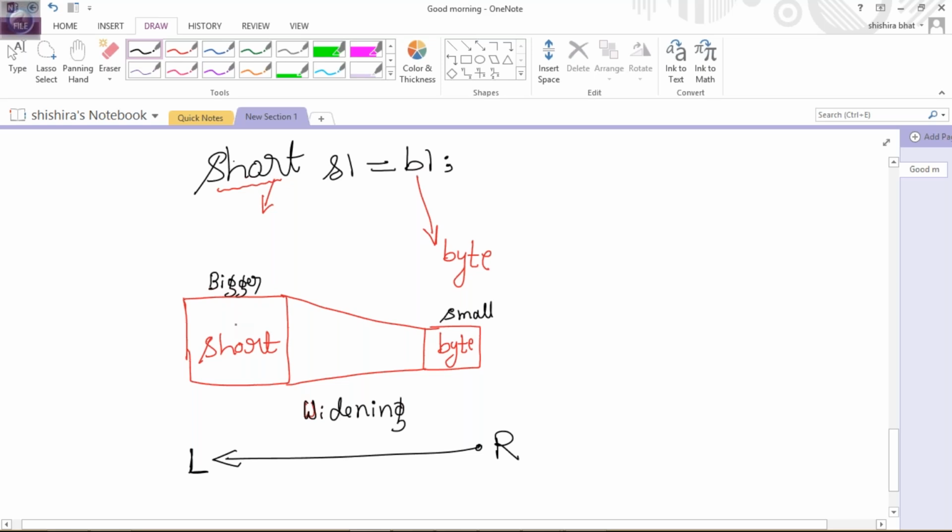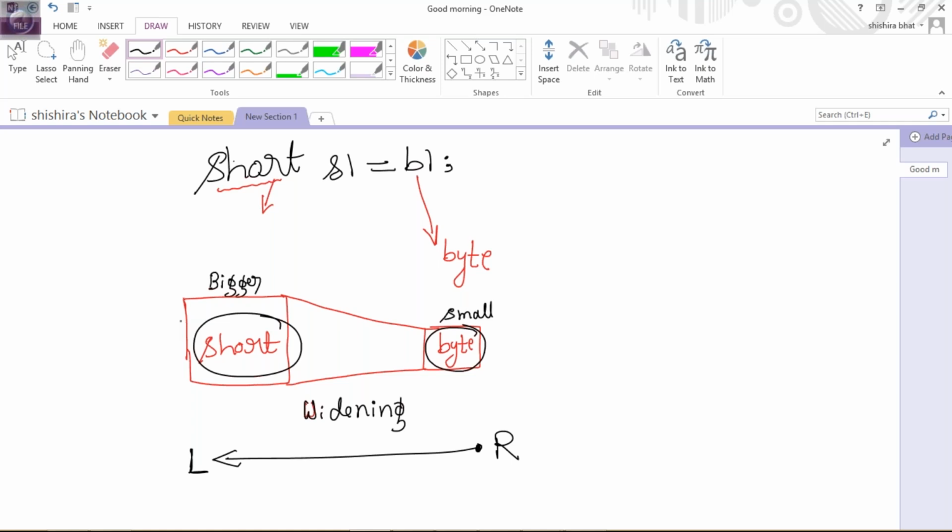So this concept is called widening. Typecasting means converting data type from one to other. And these data types are primitive, hence it is an example of primitive typecasting. In primitive typecasting, are you widening it? Yes, I'm widening it.